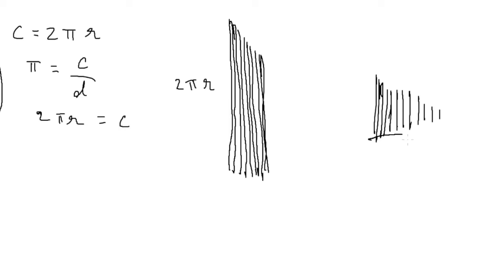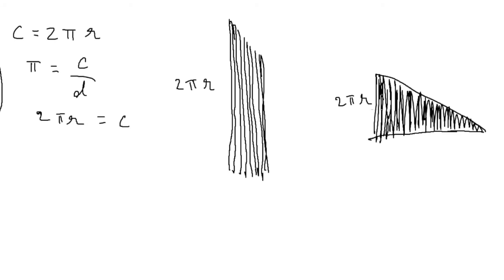Not looking too good, but basically what you get is a triangle, right? As the lengths of the rings get smaller and smaller, their height will decrease and you'll get a triangular shape like this. So the height of the triangle is 2 pi r.